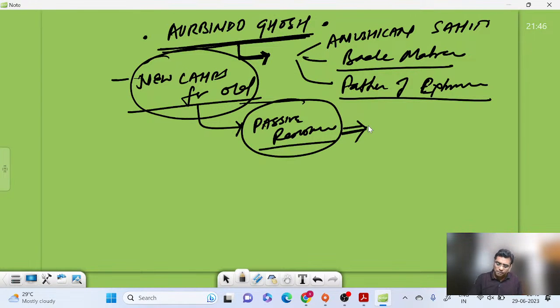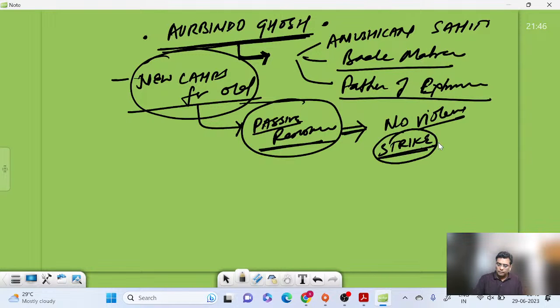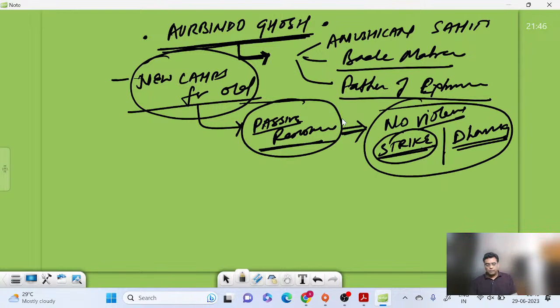This is the doctrine of passive resistance: doing something so that the government is held in check. Although there is no violence, a strike, dharna, these are the fundamentals, which is very unique. So, passive resistance.